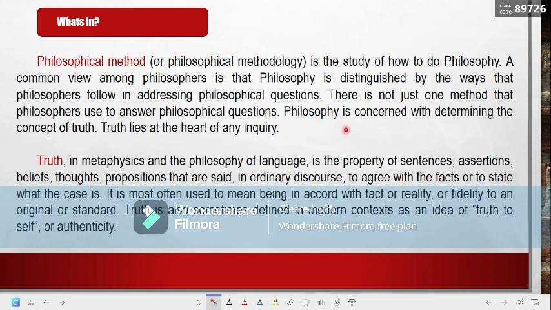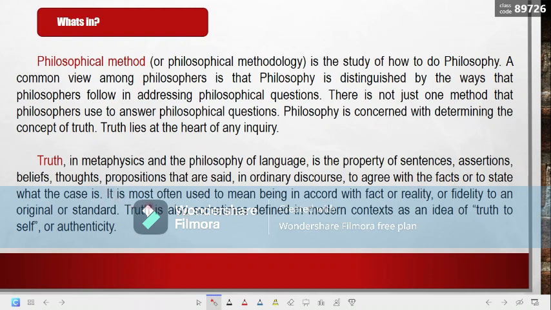Philosophy is concerned with determining the concept of truth. Truth lies at the heart of any inquiry. Truth, in metaphysics and philosophy of language, is the property of sentences, assertions, beliefs, thoughts, propositions that are said in ordinary discourse to agree with the facts or to state what is the case.